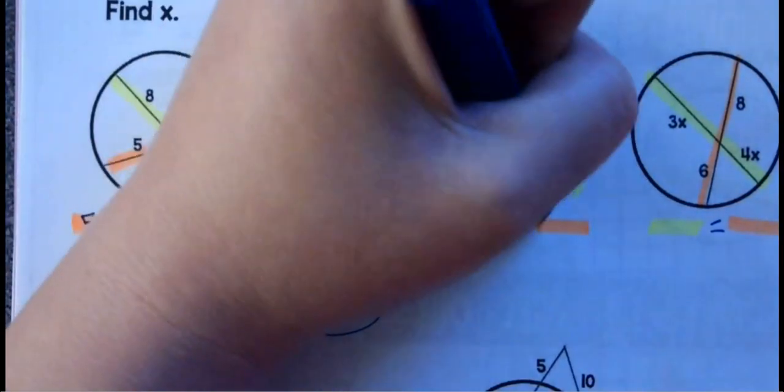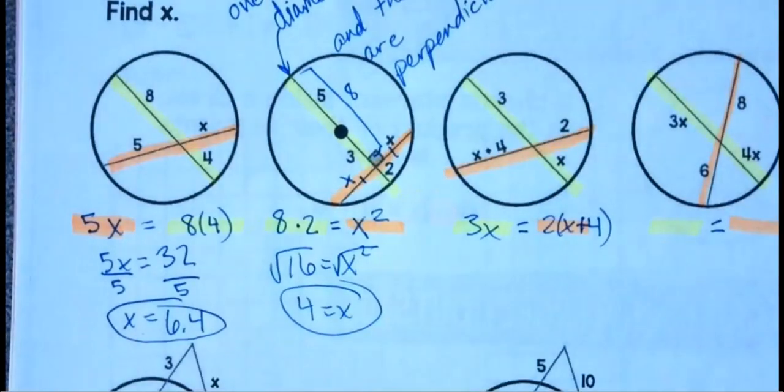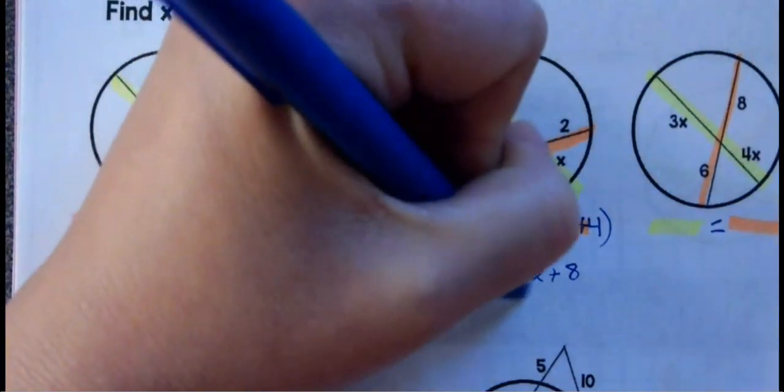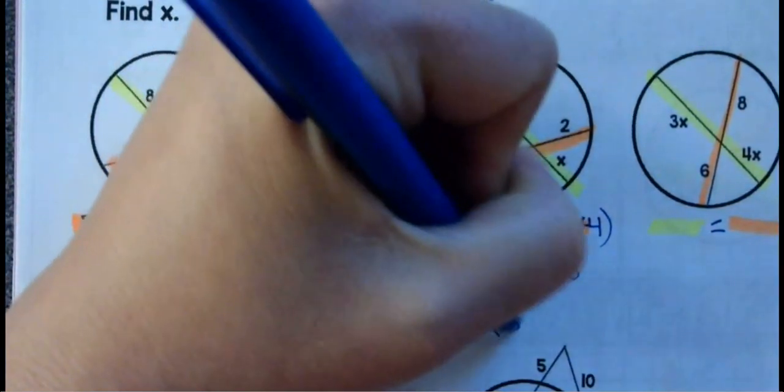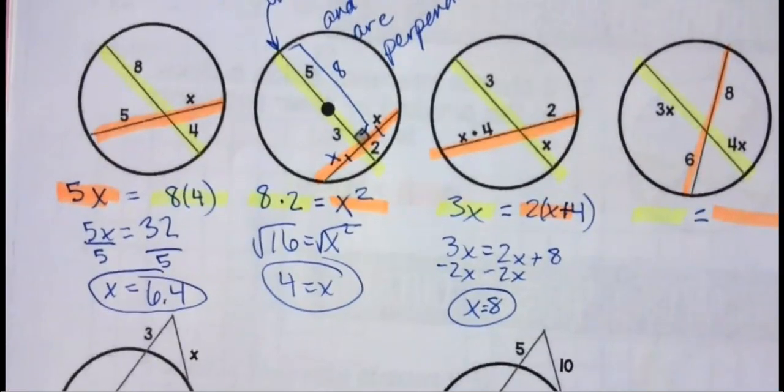This is 3x on this side, this is 2 times x plus 4. So 3x equals 2x plus 8. Subtract 2x on both sides, and x is going to be 8. So set it up, you're just solving for x.